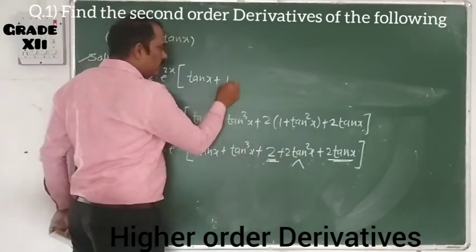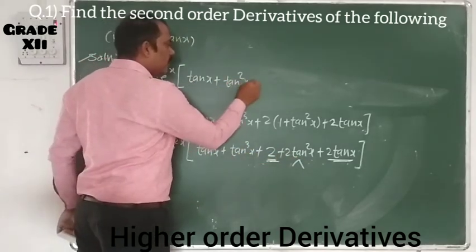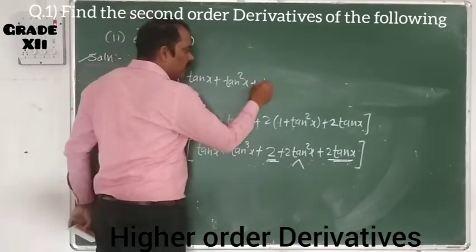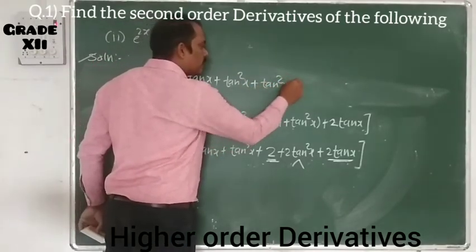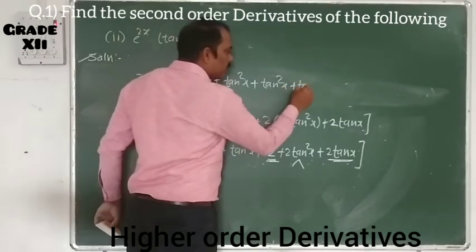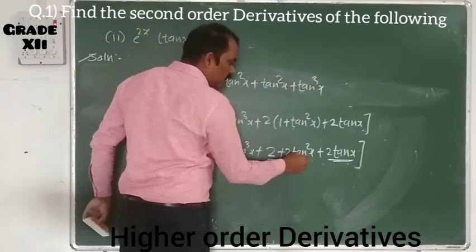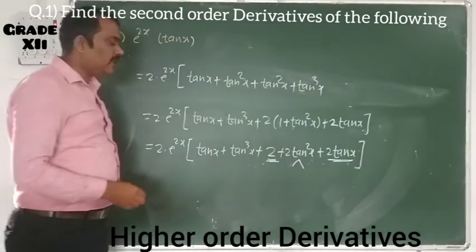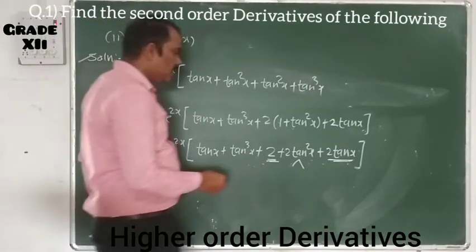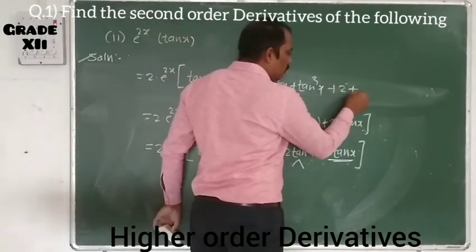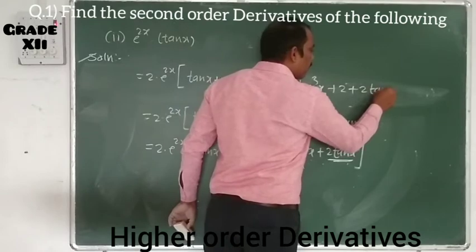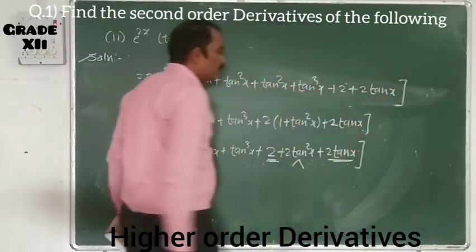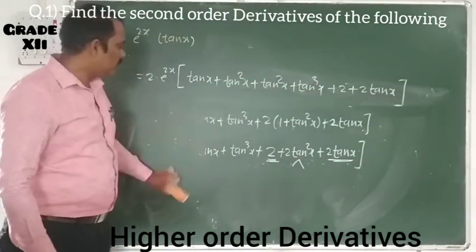We take 1 tan square here plus another one is here, tan square x plus tan cube x. This 2 tan square x can be written as tan square x plus tan square x plus 2 times tan x.